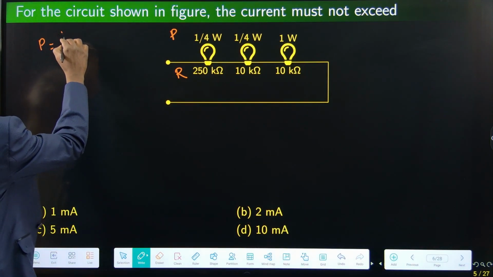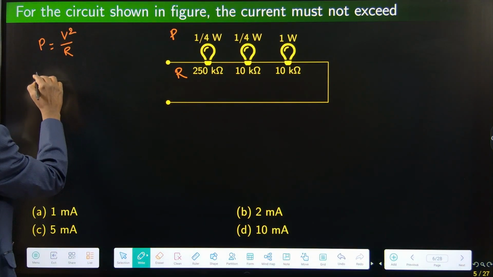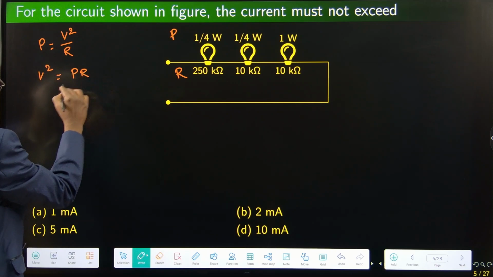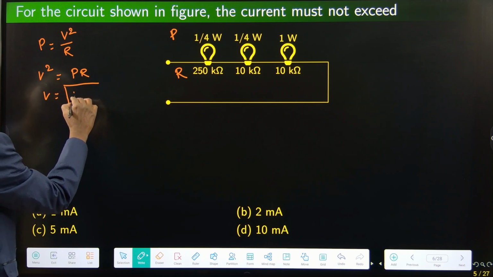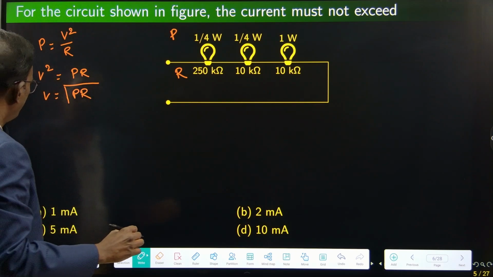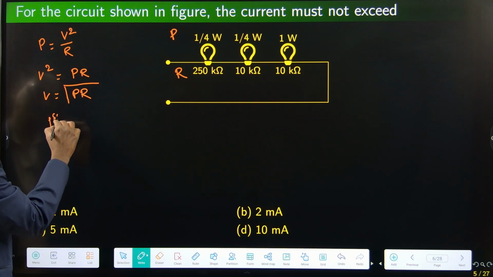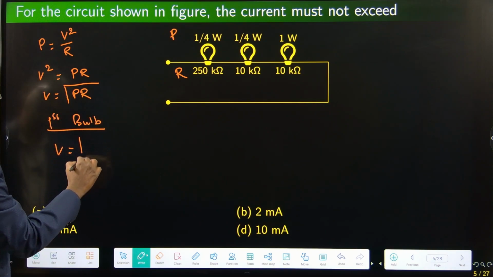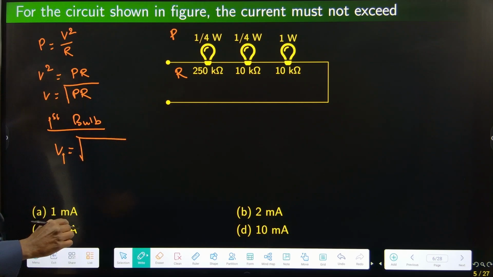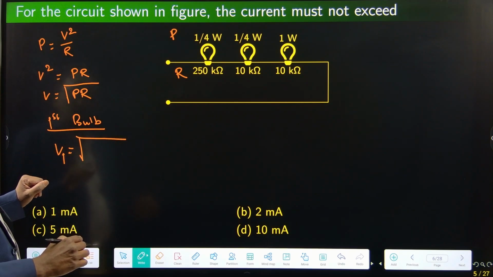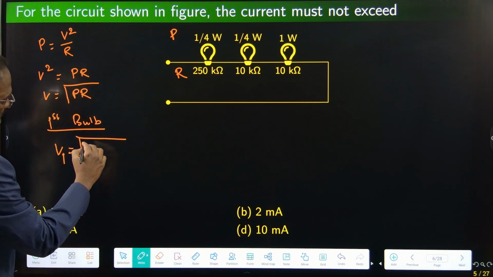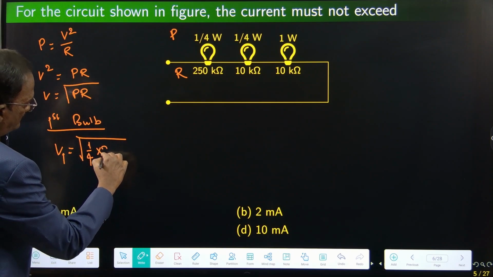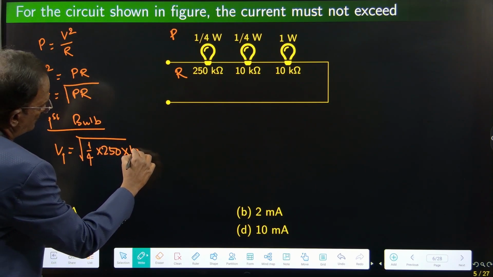So P is equal to V square by R. From here, V square is equal to P into R, so V is equal to square root of P into R. For the first bulb, V1 is equal to square root of P1 into R. P1 is 1 by 4, R value is 250 K, 250 into 1000.